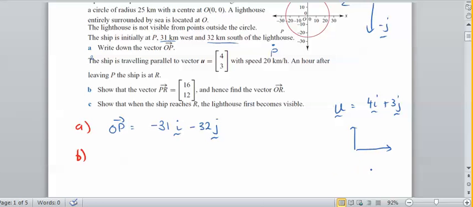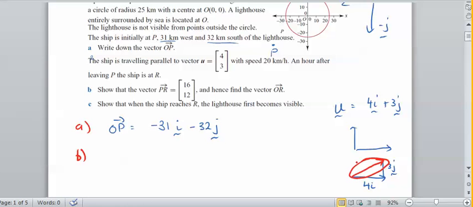This is our vector 4i. This is our vector 3j. So the direction of vector u is actually this here. This is our direction, so it's traveling in that direction.